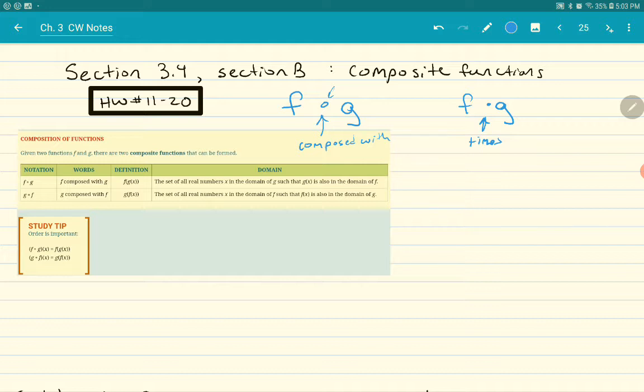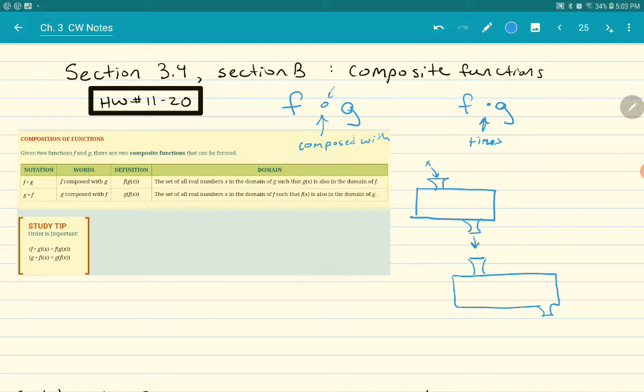Composing functions, if you think back to our first day of class when we had our function machines, we had one machine that we put in some value x and we got out a value, and that came out to another value, and we had to input that into another machine and get another value.